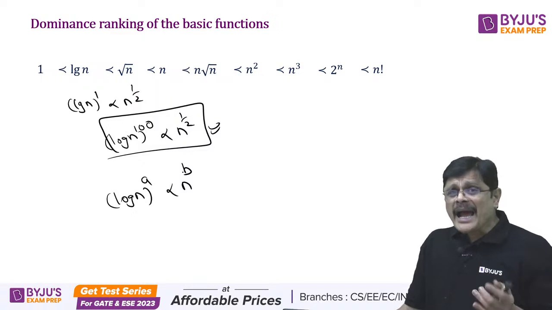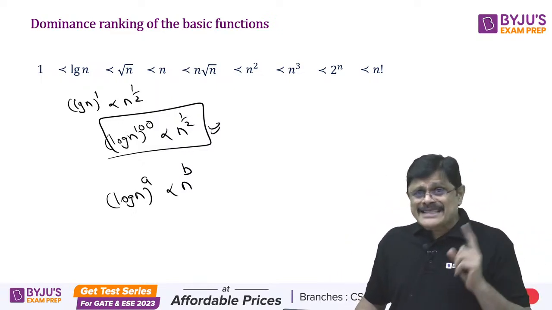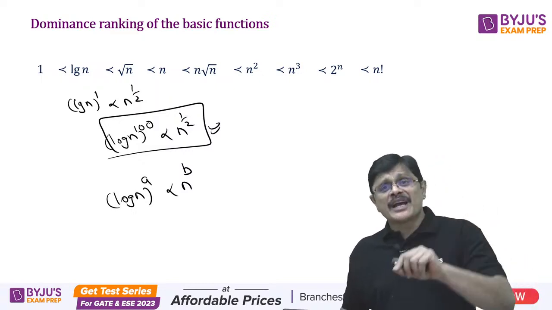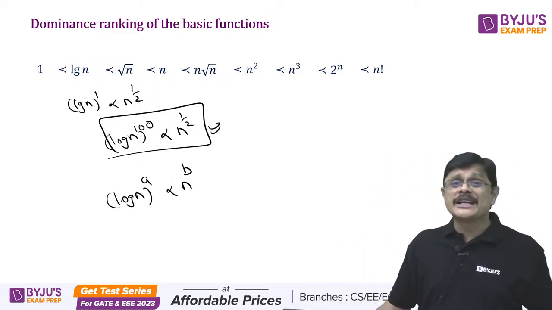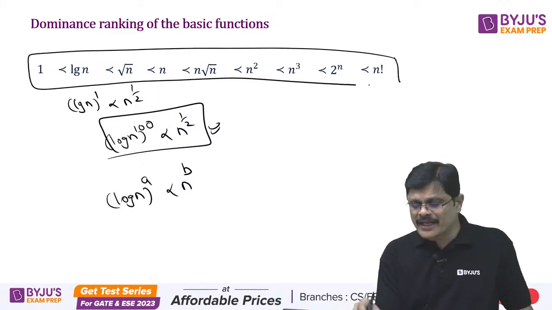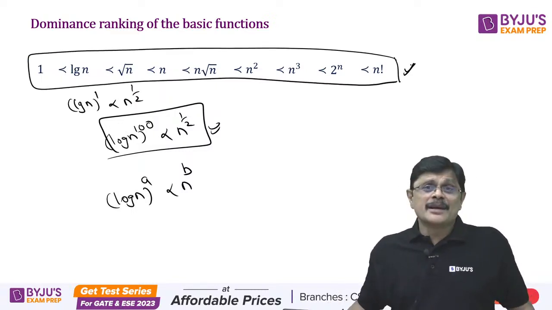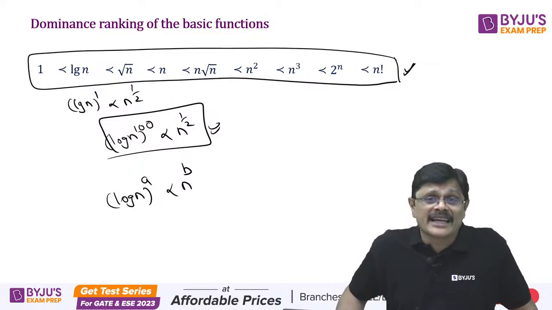See, it may not happen for small values of n. When you talk about asymptotic notation, you are talking about large values of n, not small values of n, my dear friends. So please note that point. And this is the most important dominance ranking. Most of the problems can be handled if you know this basic dominance ranking, my dear friends.